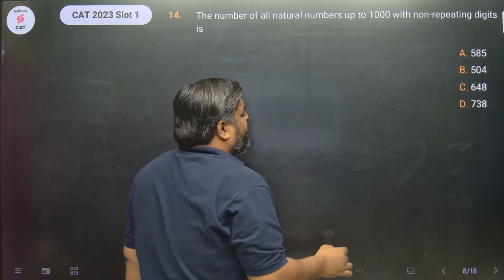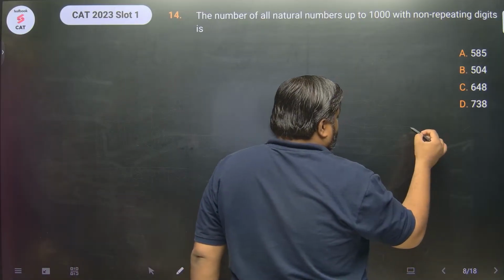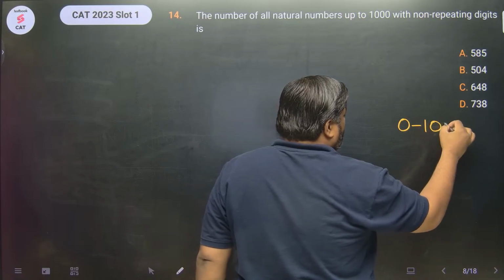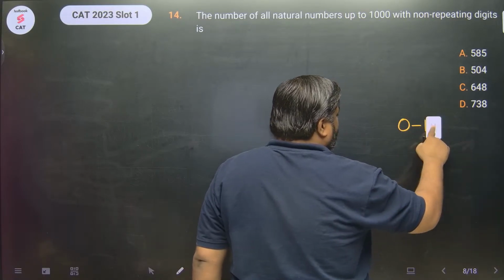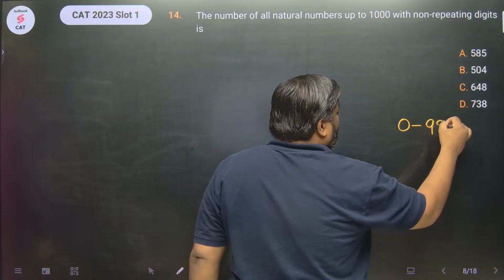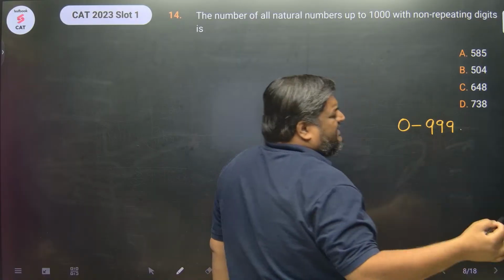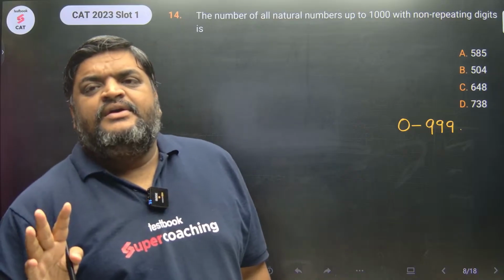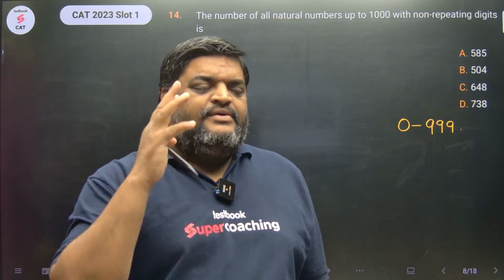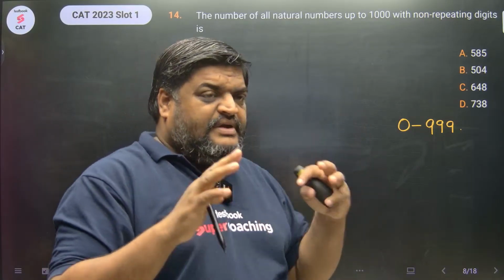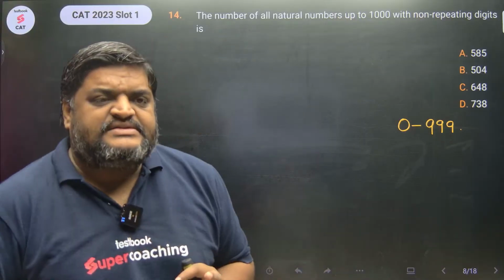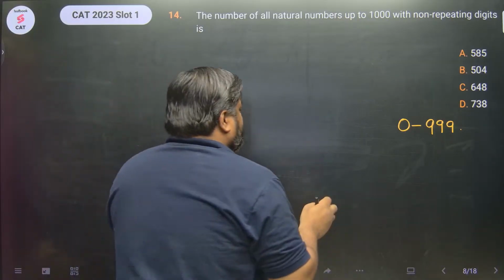Okay. तो देखो, 0 से 1000, forget 1000, 0 से 999 तक देखेंगे, because 1000 is the only 4-digit number which cannot be part of the answer, right? क्योंकि उसमें रिपीटेशन है.